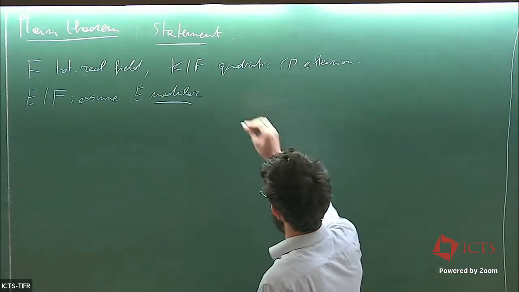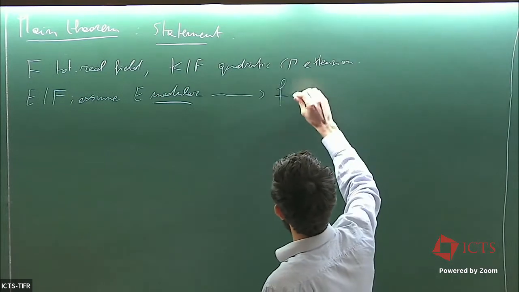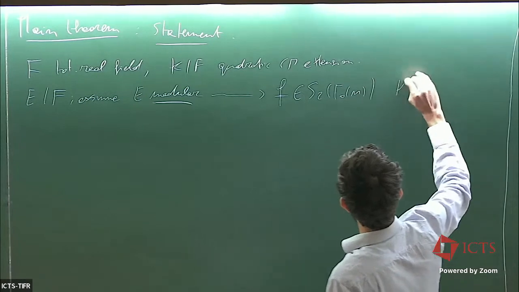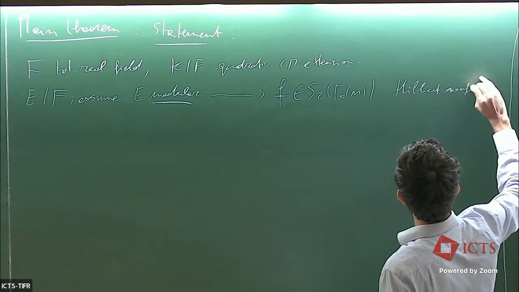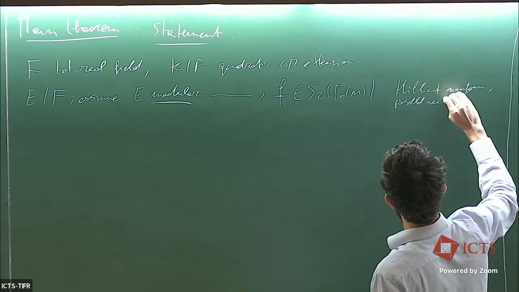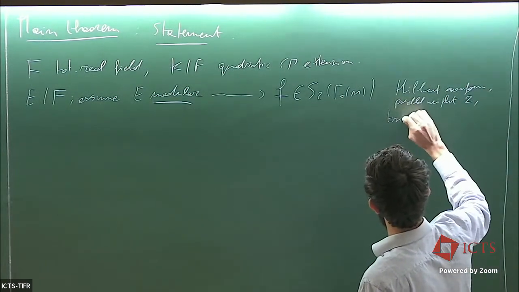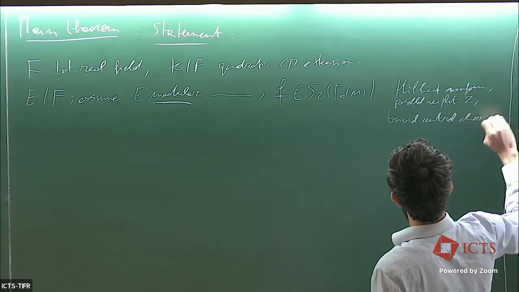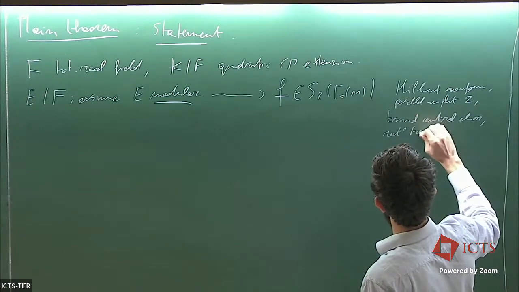Which means in this setting that you can attach to it f, which will be a Hilbert cusp form, well, let's say a newform of parallel weight 2, trivial central character, and rational Fourier coefficients.